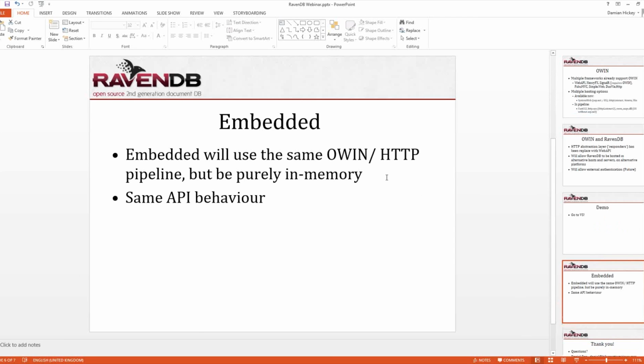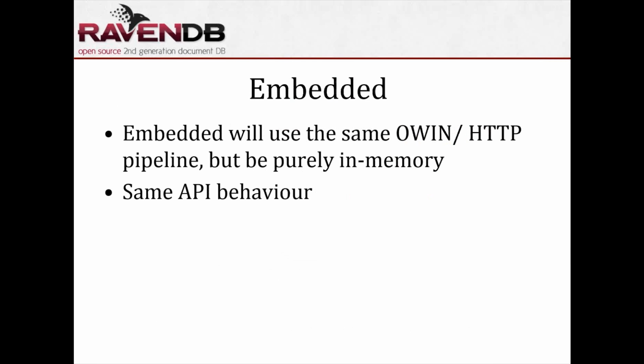Just a brief mention. What we're thinking about doing, it's not quite ready yet, is that the embedded server and the embedded OWIN database will actually use a modified version of the lightweight client that internally invokes the same OWIN HTTP pipeline, but purely in memory.